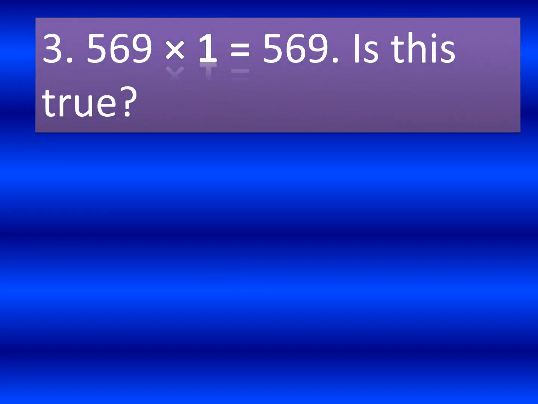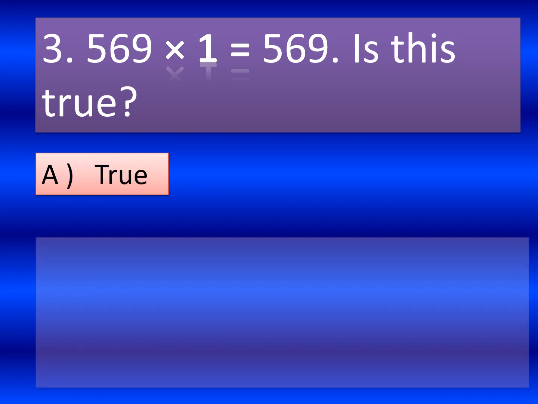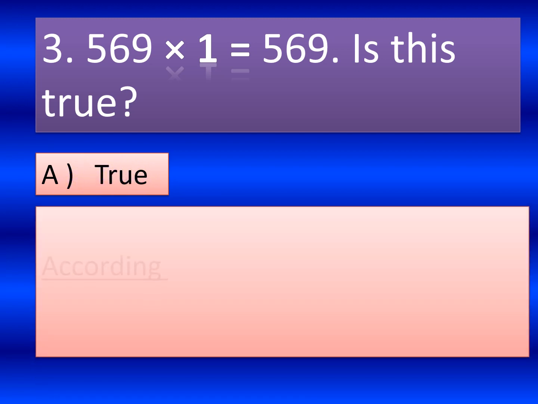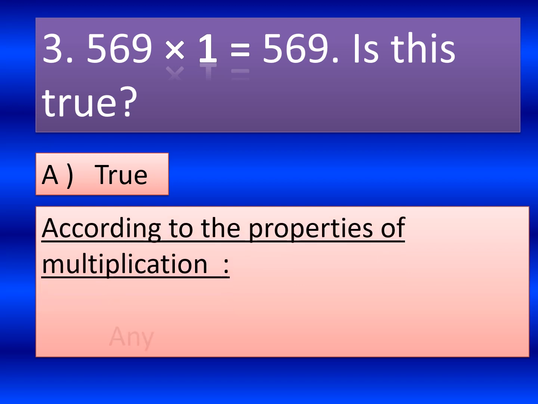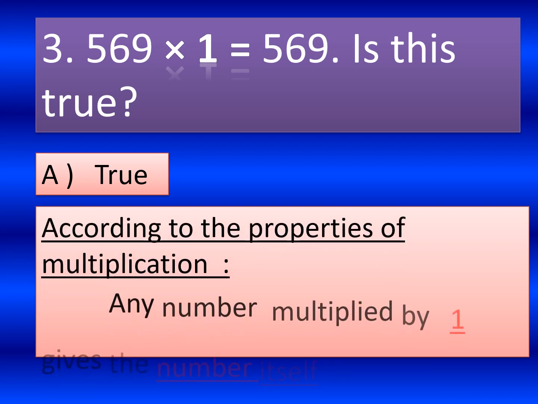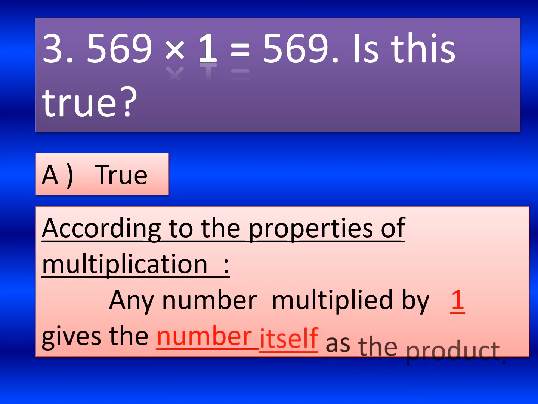The correct option is option A true. How? According to the properties of multiplication, any number multiplied by 1 gives the number itself as the product. So the correct option is true.